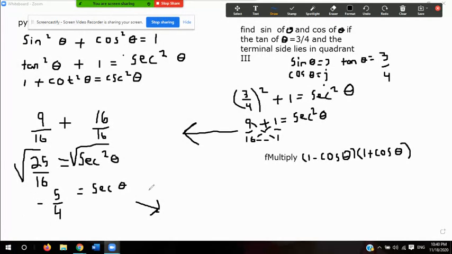Now I know that the secant is the same thing as saying 1 over the cosine of theta. So 1 over the cosine of theta equals negative 5 over 4.